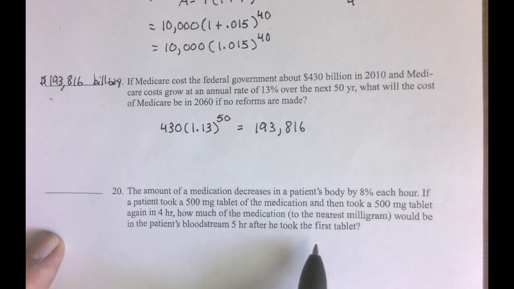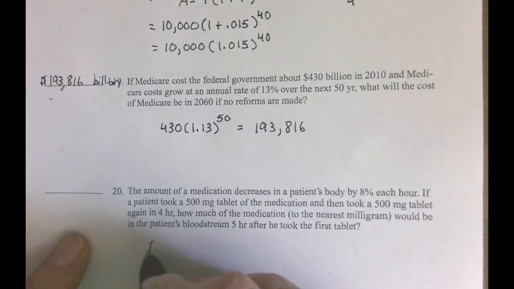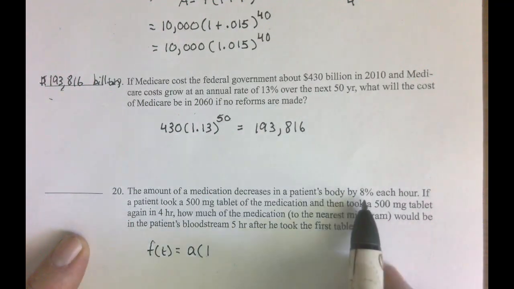Okay. So what we're dealing with here is a decreasing exponential function. So we're going to say that f of t equals a times, now, it's 8%, right?